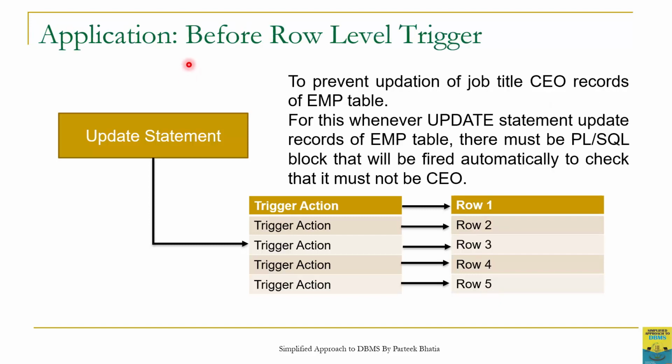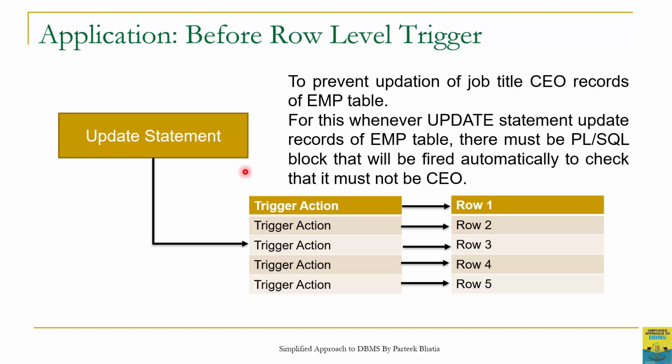Let us consider an application of before row level trigger. Let's suppose we wish to prevent updation of job title CEO records of employee table. To ensure this, whenever we issue update statement to update records of employee table, there must be a PL/SQL block that will be fired automatically to check that the record should not belong to CEO.